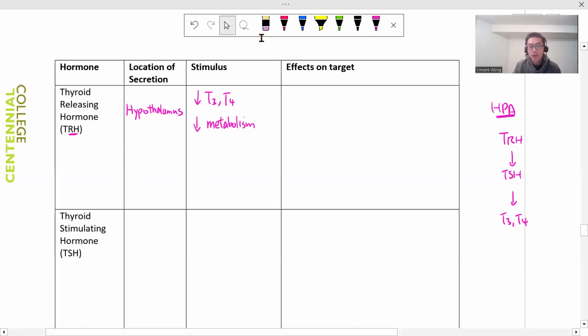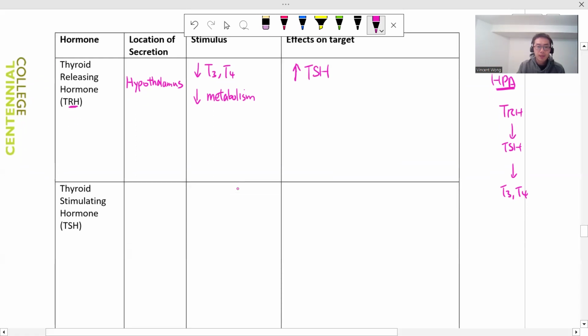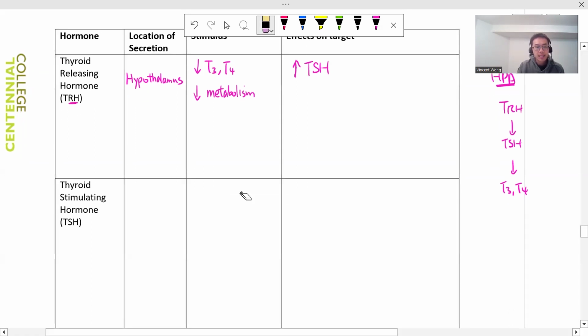What does TRH do? Well, just follow the path here. TRH is going to increase TSH. Okay, one thing leads to the next. So that brings us to the next hormone in line, the TSH, thyroid stimulating hormone.